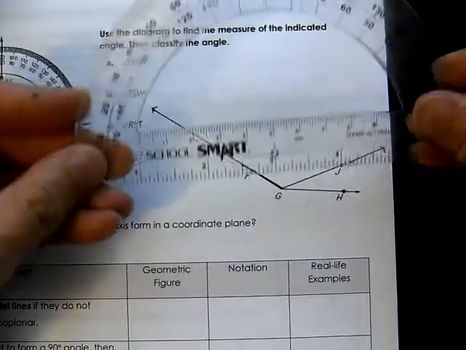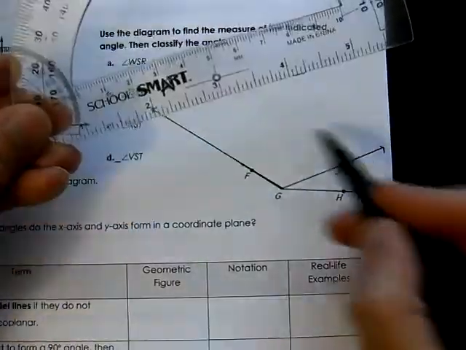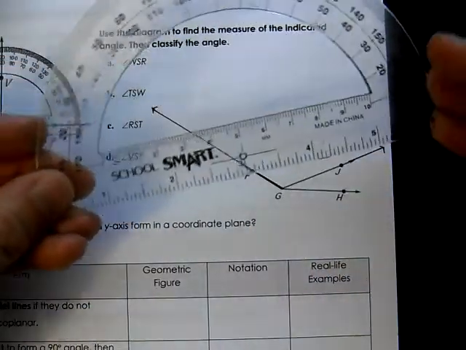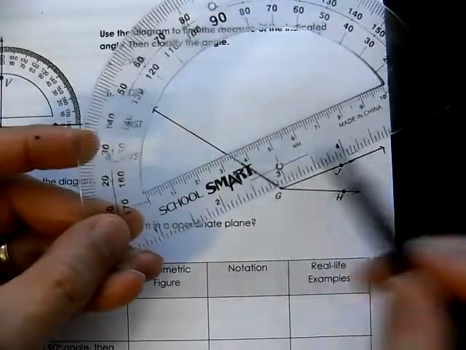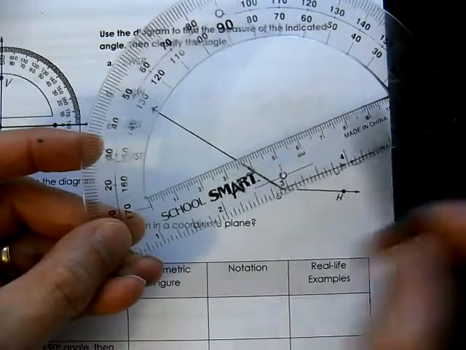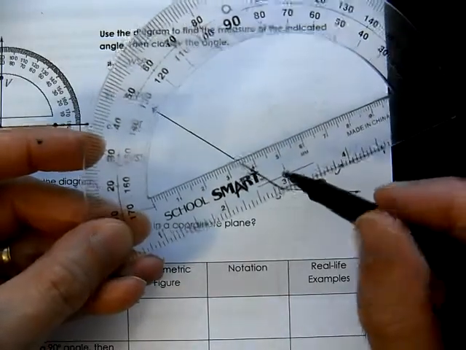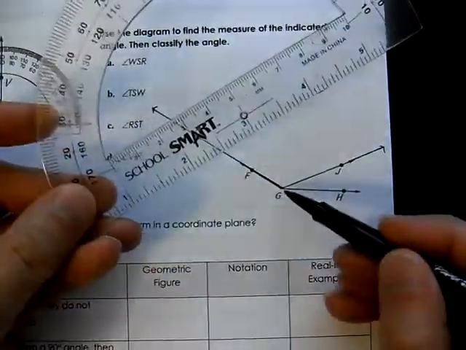And then when we want to use our protractor to measure the size of this, we need to line up one side of the angle with the straight edge of the protractor. And this little guide hole that you see right there in the middle, that's where the vertex goes.